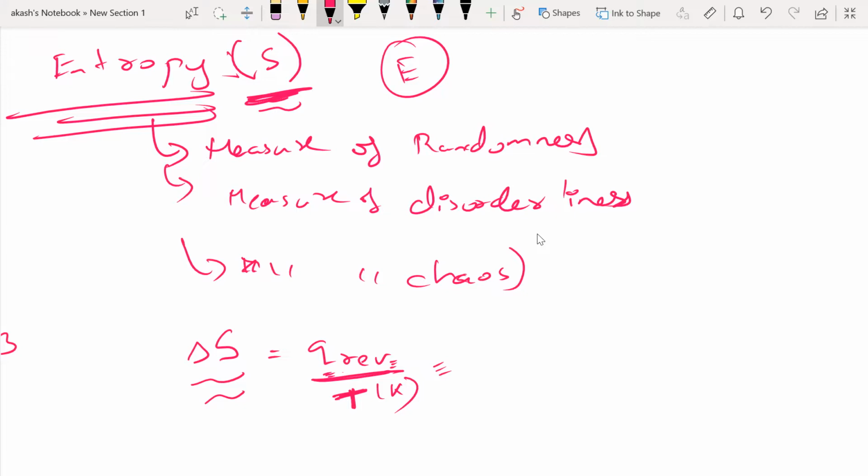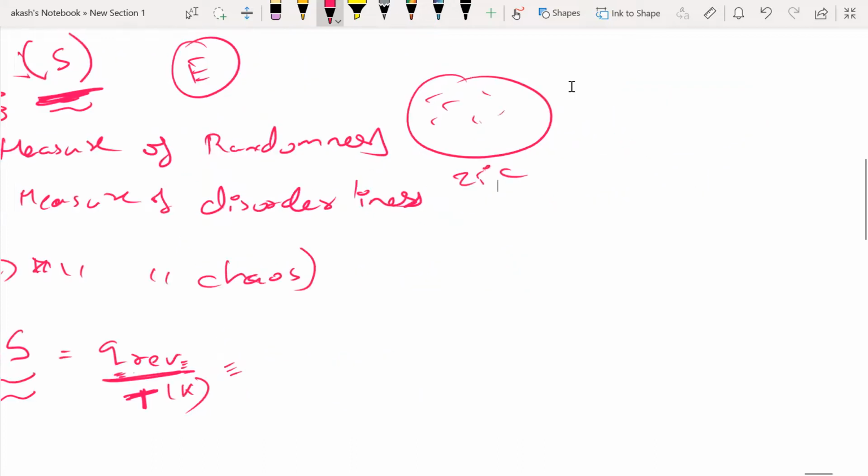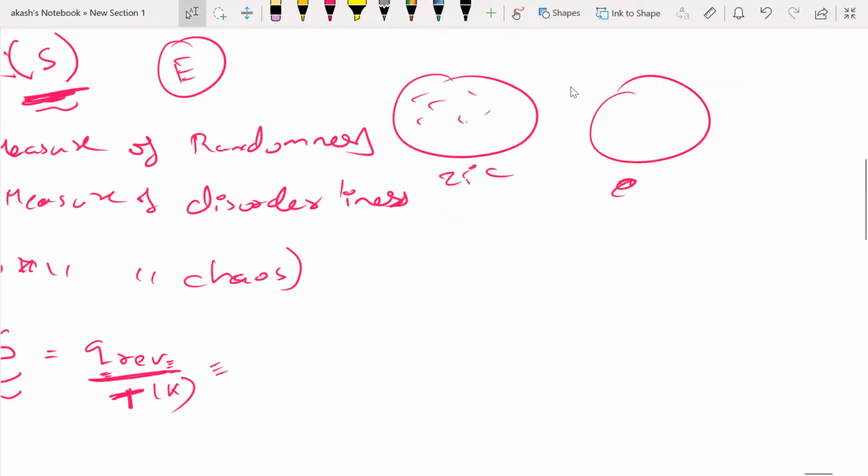Now, people try to understand this. Say something is at some temperature, say 25 degrees Celsius. Let's assume I have a gas at 25 degrees Celsius, and I'm increasing its temperature to 100 degrees Celsius. What do you think will happen?